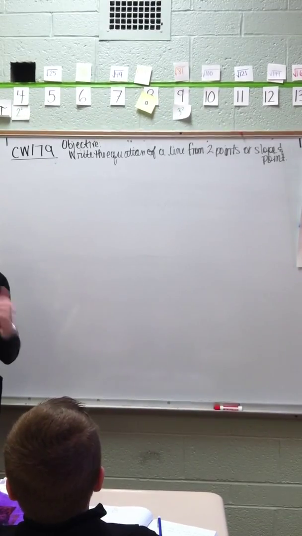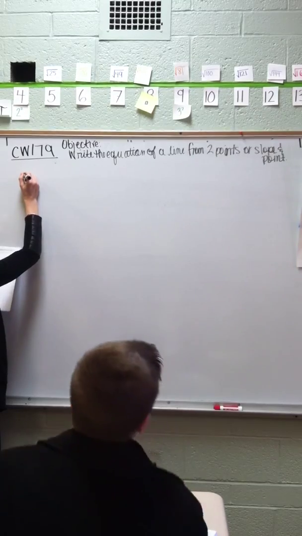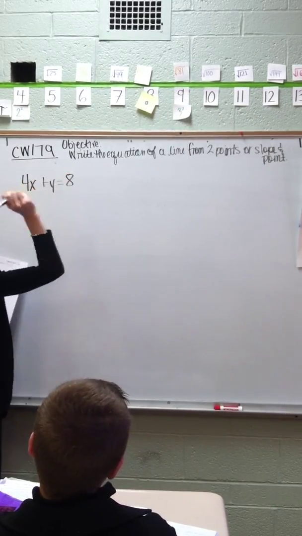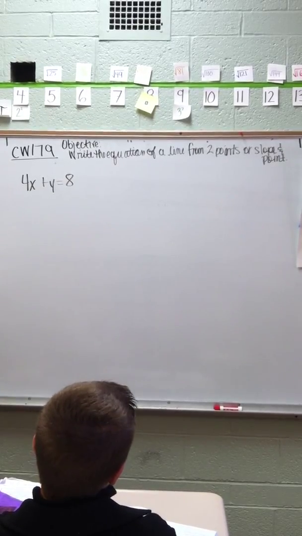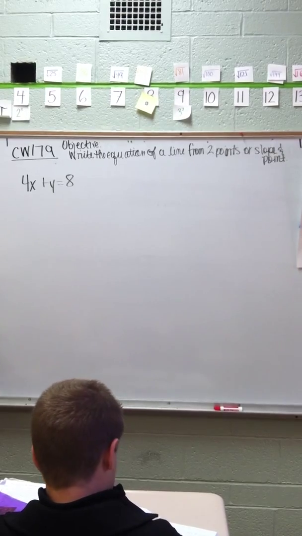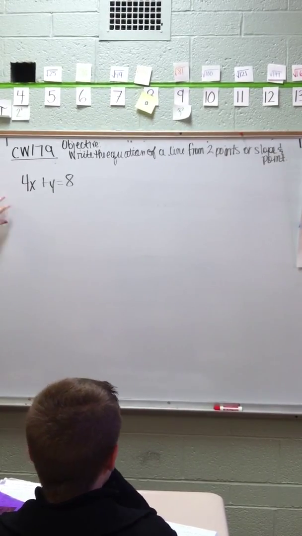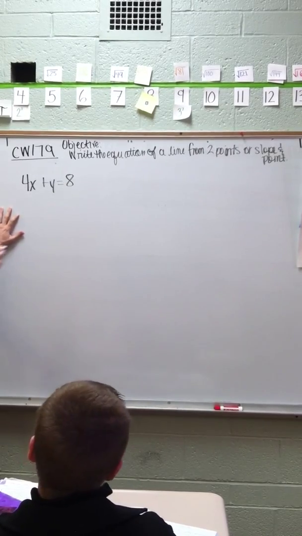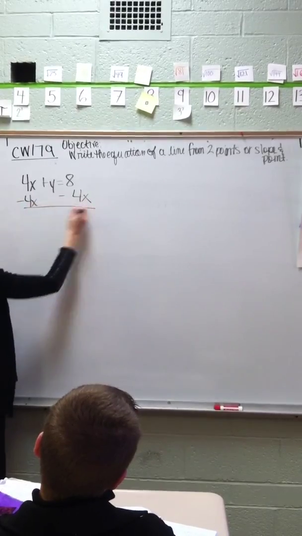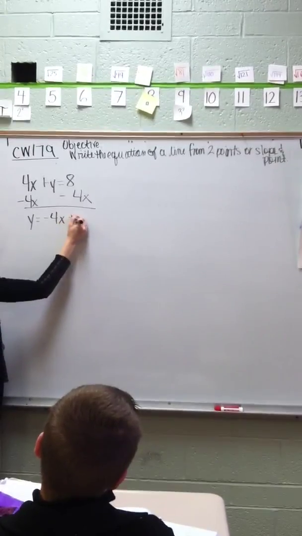Make sense? Okay. It says write the slope and y-intercept. This equation is in what form? Refer back to our poster. Peter? Standard form. How do I put this in a form in which I can find the slope and the y-intercept? Rose? Subtract 4x, subtract 4x, and I get y equals negative 4x plus 8.